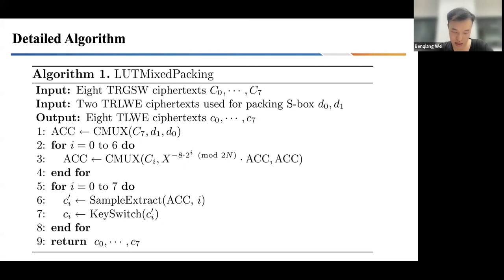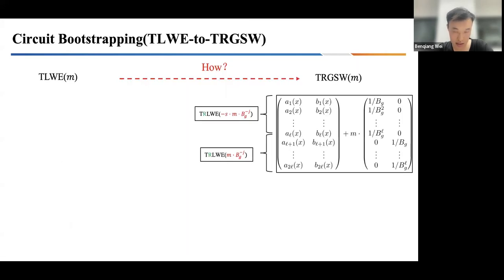This requires circuit bootstrapping. Circuit bootstrapping means to convert a TLWE ciphertext to TRGSW. So now let's see how we can achieve this ciphertext conversion. In fact, TRGSW ciphertext is more structured.